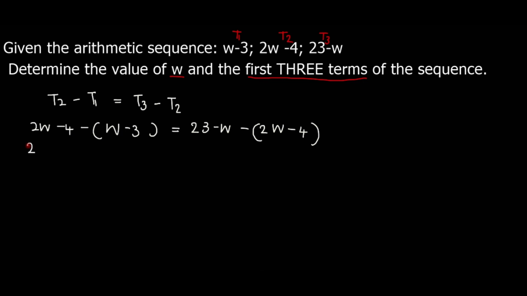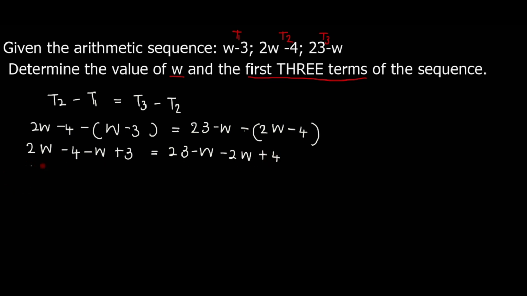So now re solve the value of W. Negative times w is negative w, and then negative times negative 3 is positive 3. Negative times 2w is negative 2w, and then negative times negative 4 is positive 4.